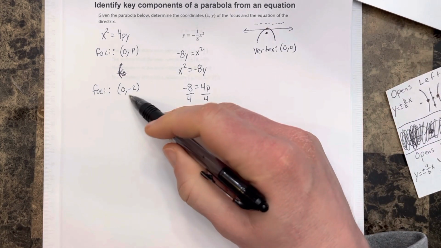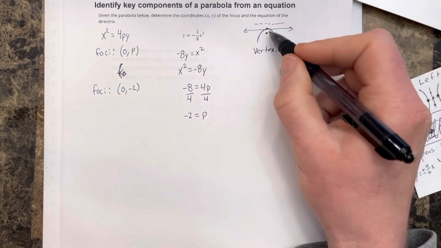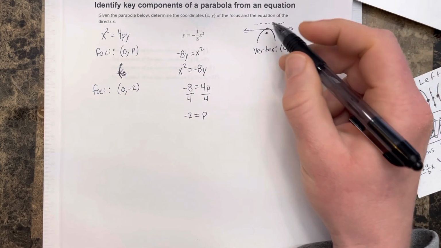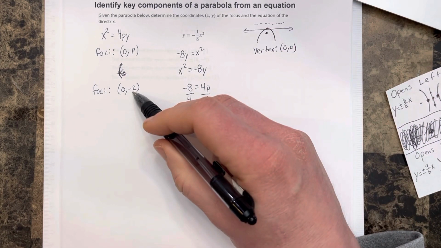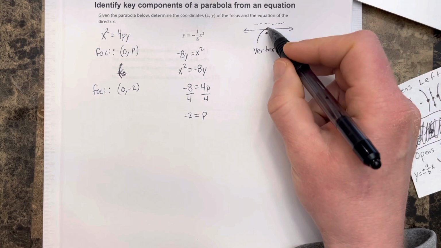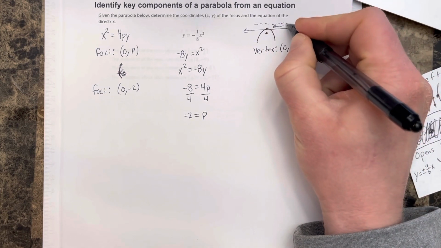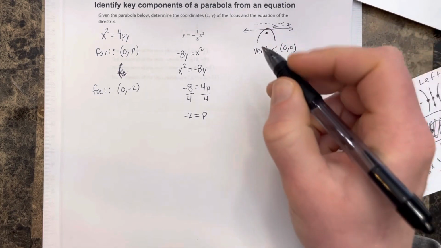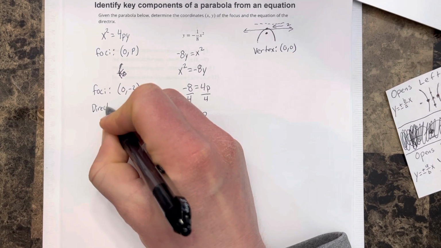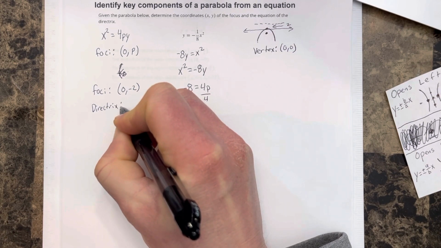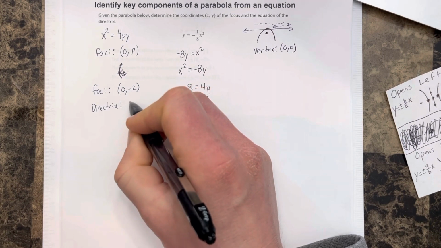So that means if our foci is at (0, -2), the foci is 2 units down from the vertex. Remember that the directrix is going to be the same distance from the vertex as the foci, but it's going to be on the opposite side. So this distance in here would be 2. So we can say that the directrix would be a horizontal line at y equals 2.